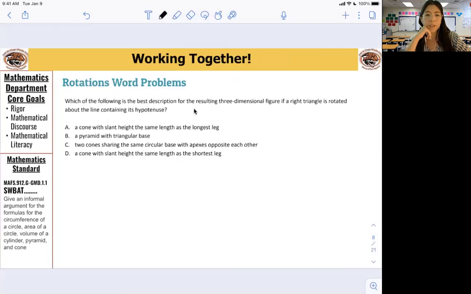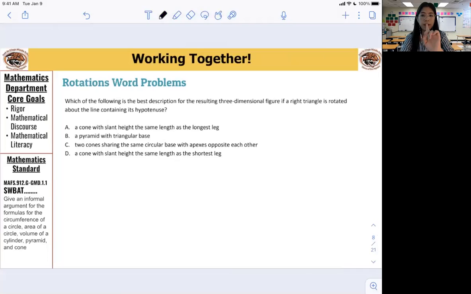Which of the following is the best description for the resulting three-dimensional figure if a right triangle is rotated about the line containing its hypotenuse? For this one, make sure you read carefully.